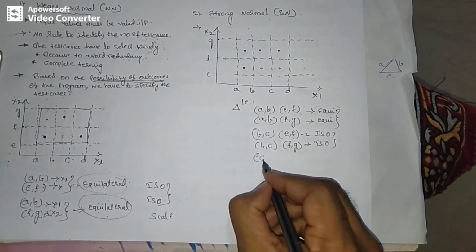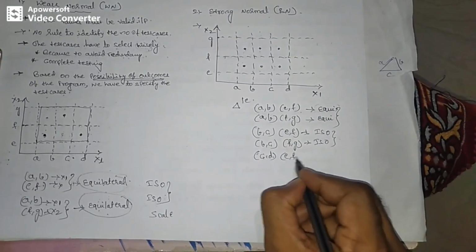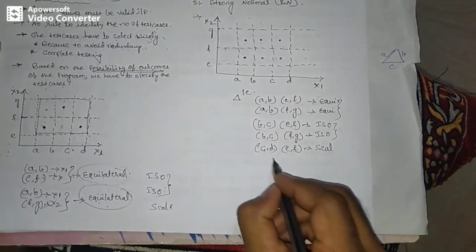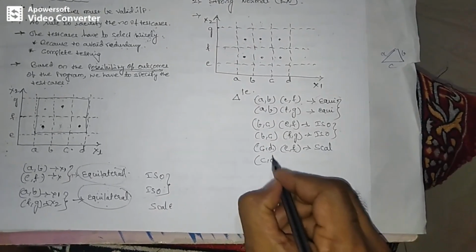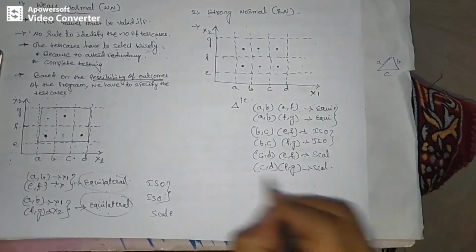And one more partition I am selecting, that is C to D and E to F. This time I am getting the output result scalene. Then C to D and F to G. If I select this partition, once again I get the same output result.